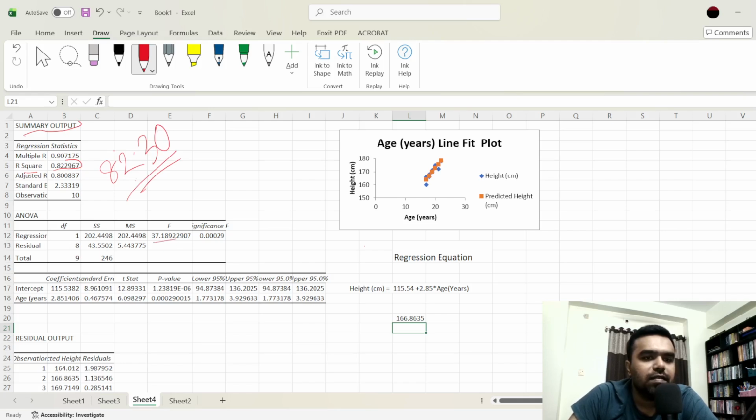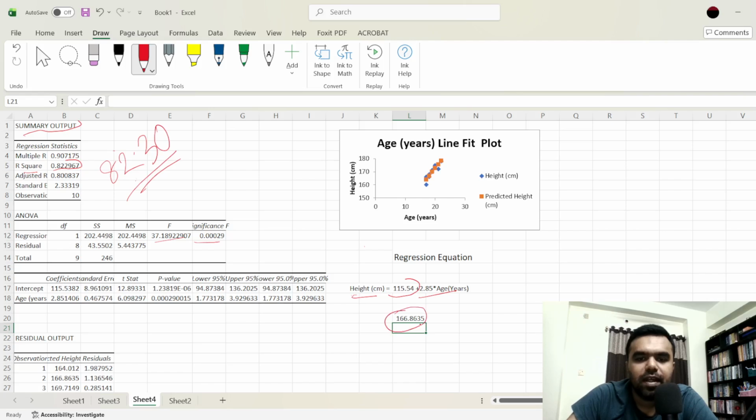Now we can see the F value. The F value is 37.18 and the significance is 29. F value is good, so data is also seen very significant here. Now we will see the regression equation. The height can be predicted through 155 plus 2.85 into age.